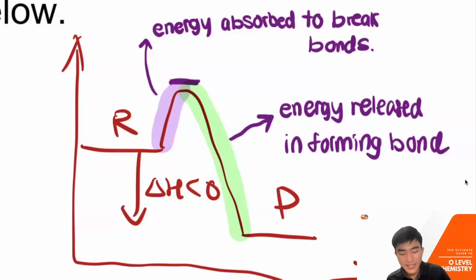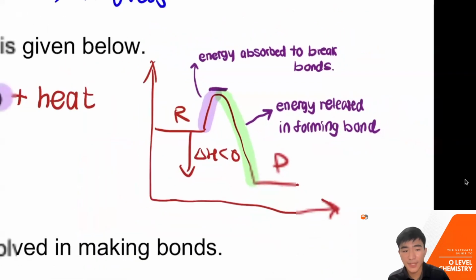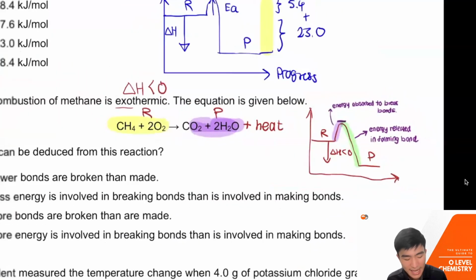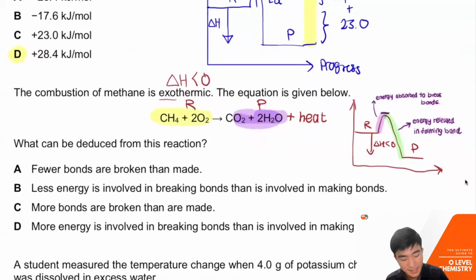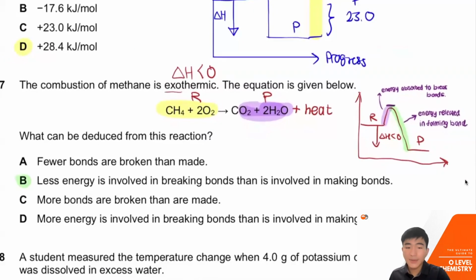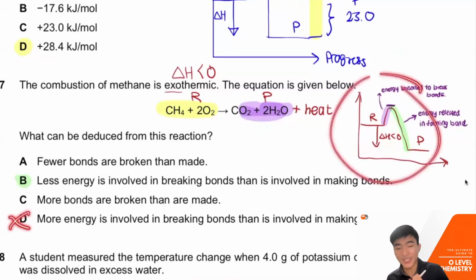So you can see in this case, there is evidently more energy released than energy absorbed. So the answer for this question is that less energy is absorbed than released. So answer B is correct. D is wrong because we already explained through this.